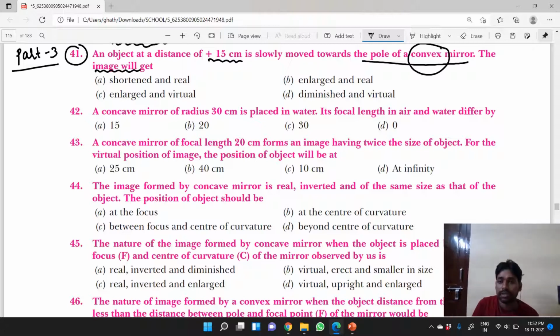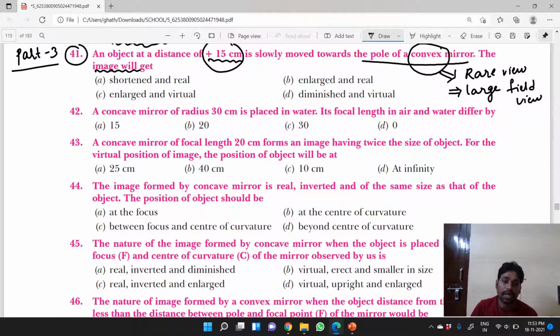Because of this reason, this mirror is also used as a rear view mirror, and it has a large field of view. Hence, wherever the object may be in front of this mirror, it always forms a diminished virtual image.